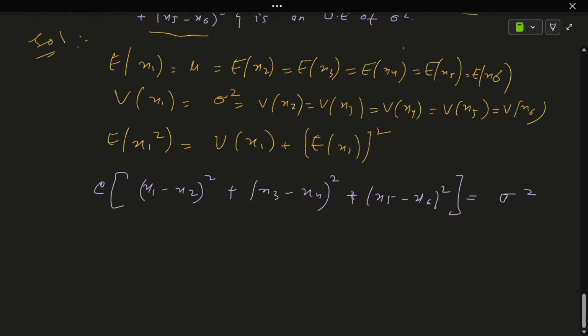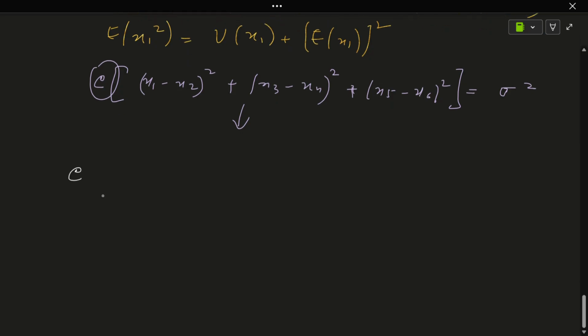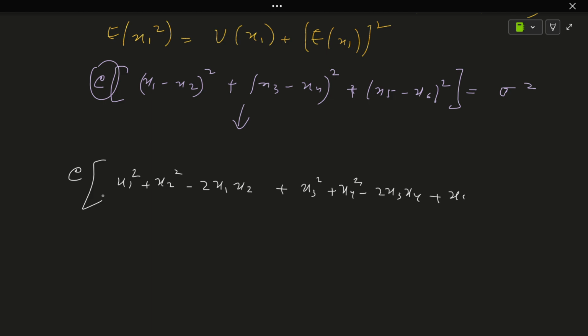We have to find the value of this C. Now taking this side, can I write C (x1 square plus x2 square minus 2x1 x2 plus x3 square plus x4 square minus 2x3 x4 plus x5 square plus x6 square minus 2x5 x6).